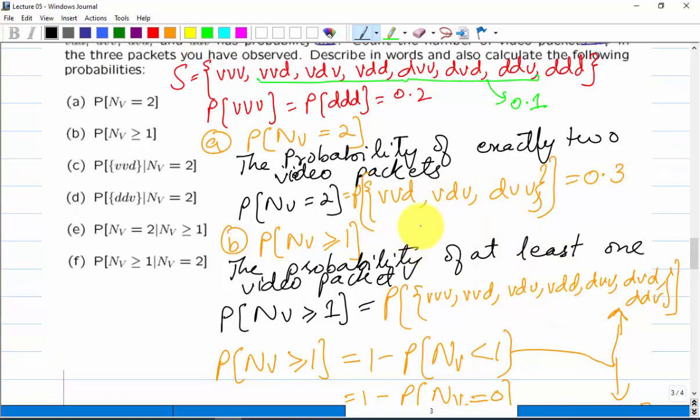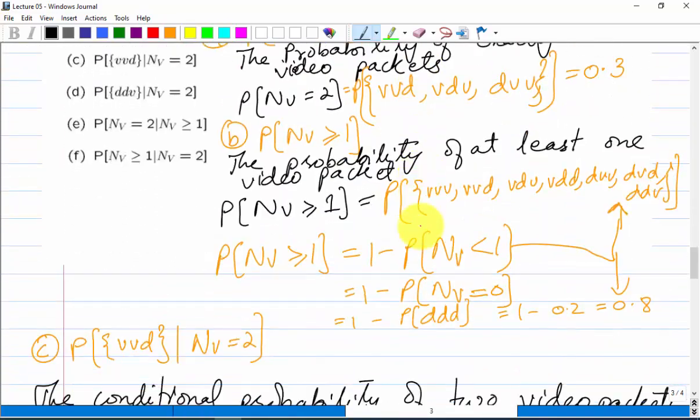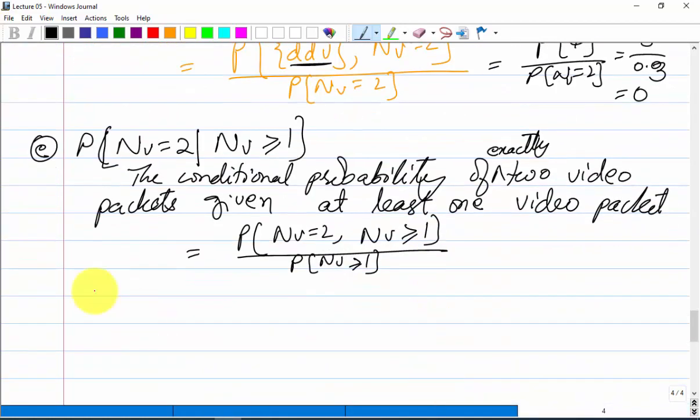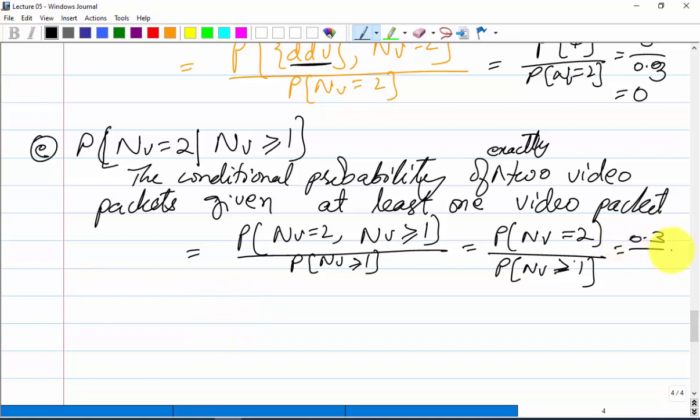So this is a subset, which means the numerator is exactly the probability of NV equal to 2, because it is a subset of NV greater than or equal to 1. We have already calculated these probabilities: 0.3 and 0.8. So this is actually 3/8.